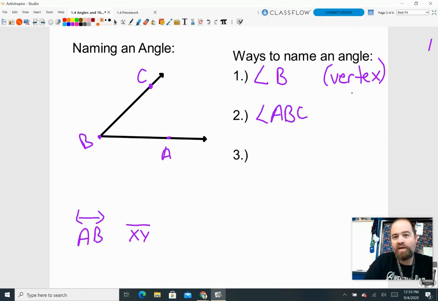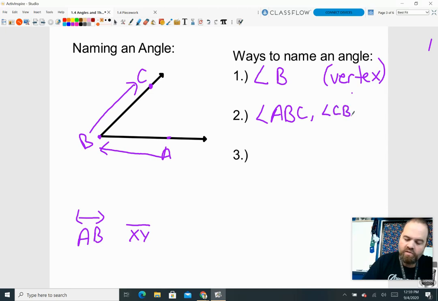I can name this angle ABC. You generally go in order, A, B, C, the way you would walk around the figure from one point to the next to the next. With that being said, you can also reverse those letters and get another possible name. Like I said, that one works all the time.